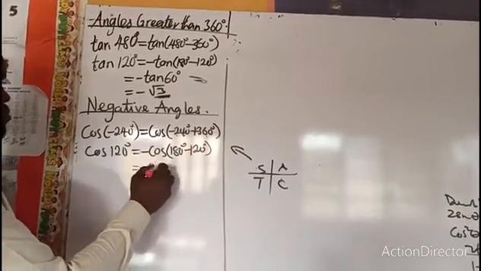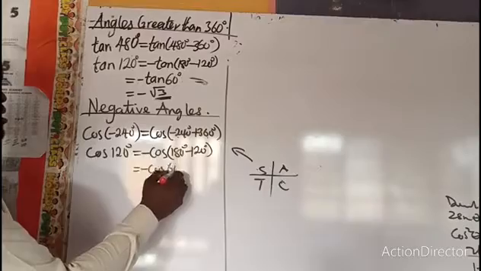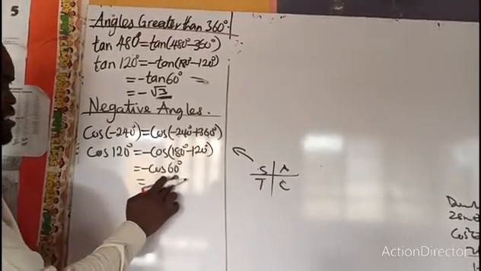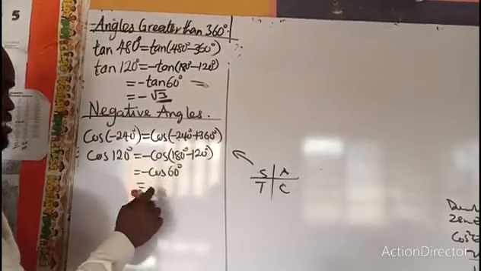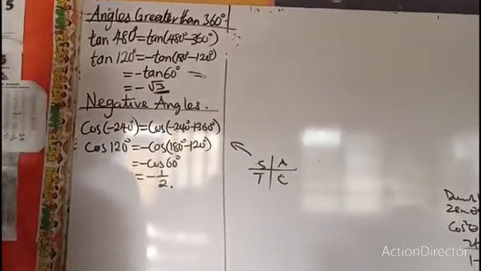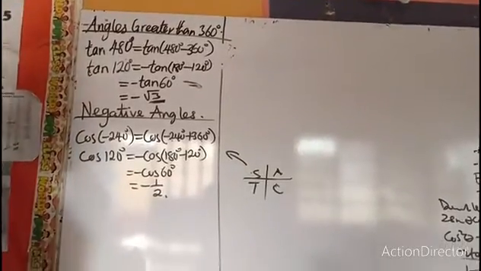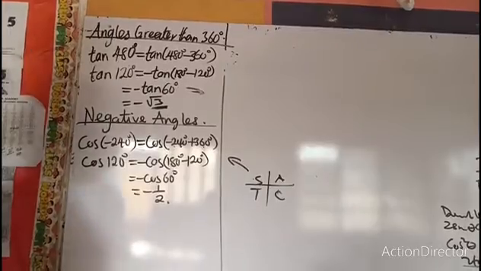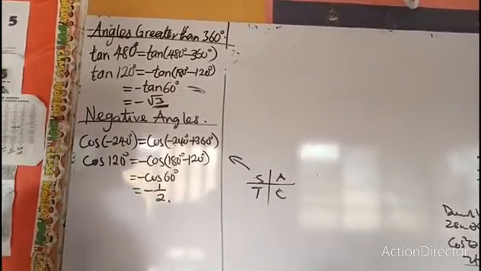That gives us minus cos 60 degrees. And cos 60 degrees is the same as sin 30, which is 1 over 2. So minus 1 over 2 is our answer. That is it when we talk about negative angles.